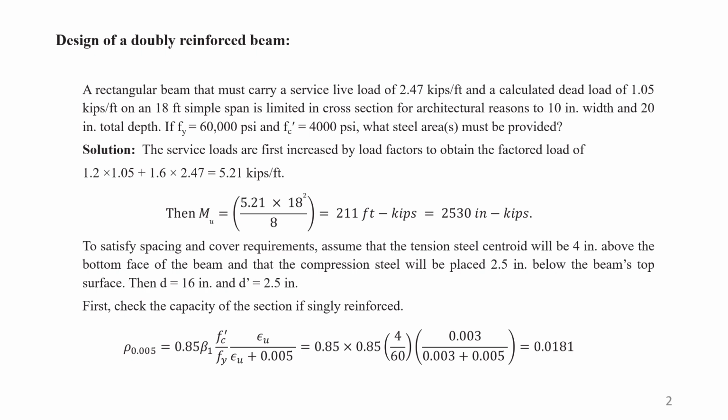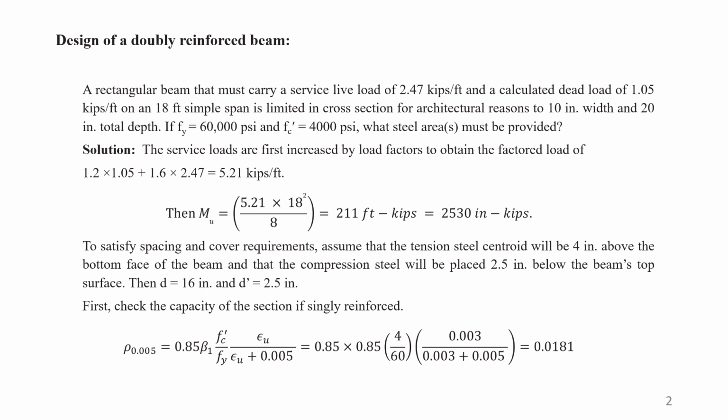Now we will first of all find out the rho value. As we have all data, we know the rho equation. Rho 0.005 means we will take the strain of steel as 0.005, and for concrete strain is always 0.003.